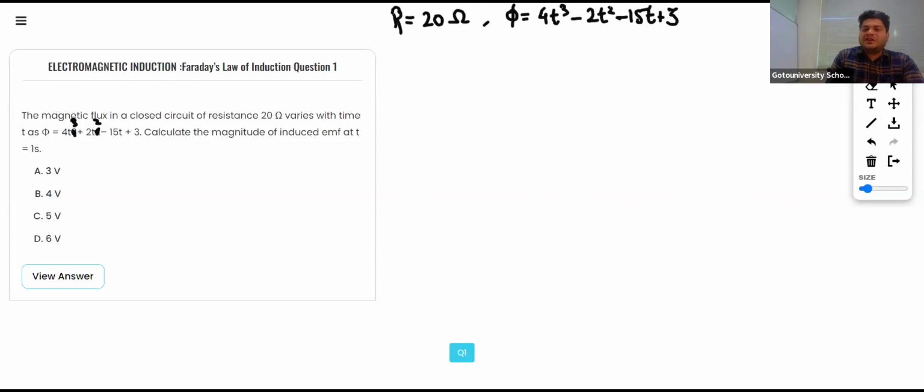Calculate the magnitude of induced EMF at time t is equal to 1 second. We have the change of flux, we have resistance, and we have to find E for time t.